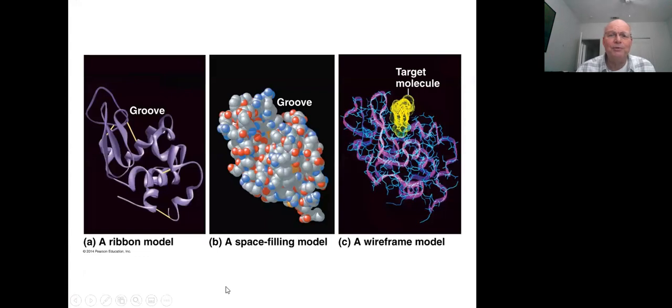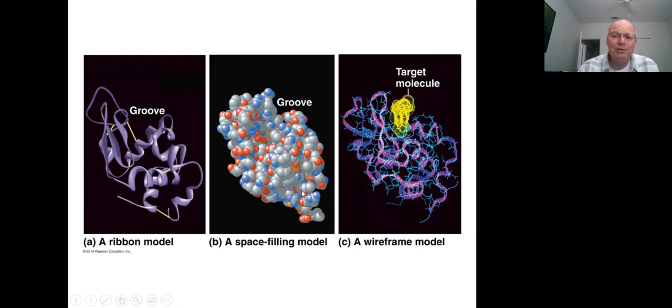And so we have a number of different ways of representing those shapes. There's the ribbon model, which shows you a lot about the three-dimensional shape of the molecule and also shows you some of the internal features. But it doesn't show you anything about the amino acids that are present. You have the space-filling model, and these three diagrams represent exactly the same protein or polypeptide.